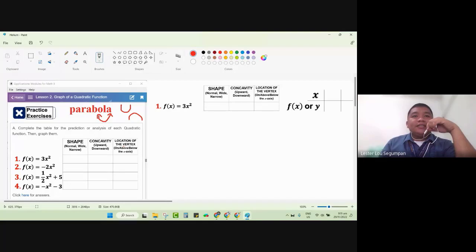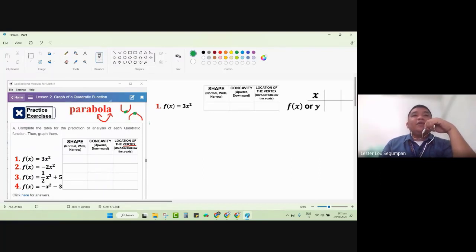The vertex of the parabola is also known as the turning point. That point is somewhere here in this parabola, as the parabola changes its direction from going down, reaching that vertex, and then going up. For this form of parabola, the vertex is somewhere here, where the parabola changes its direction from going up until that vertex, and then it will go down.